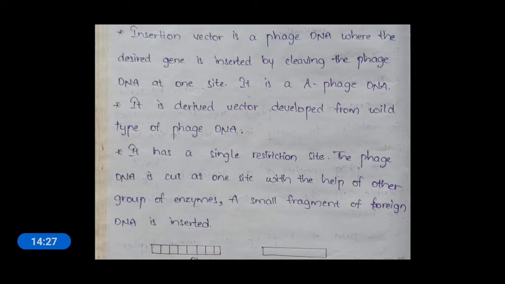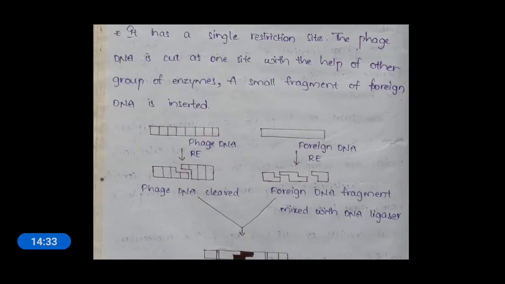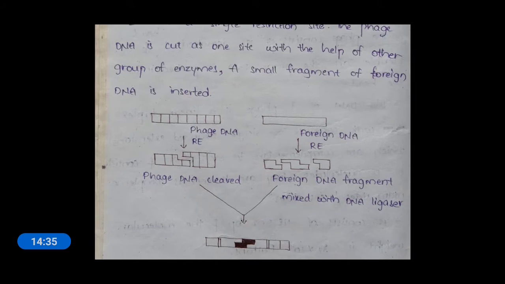This foreign DNA is nothing but the desired DNA. See the diagram. Phage DNA is taken, cut with restriction endonucleases, and a foreign DNA is inserted.